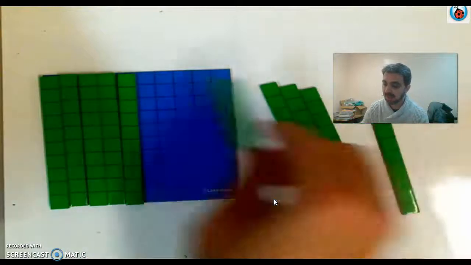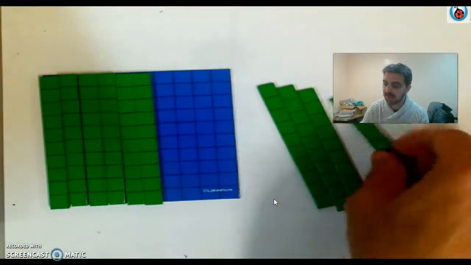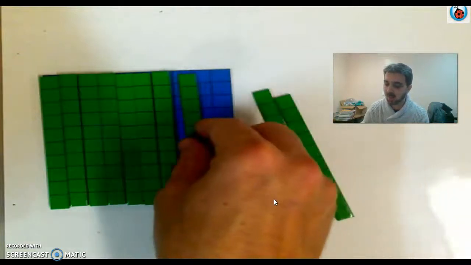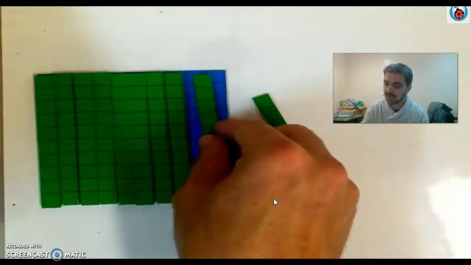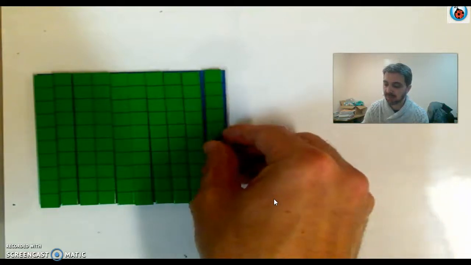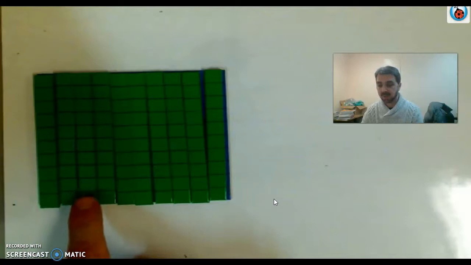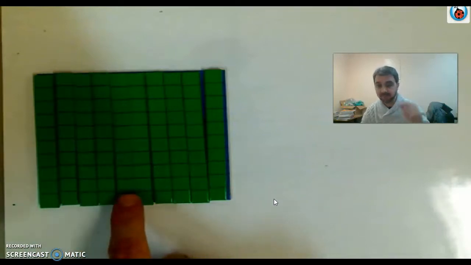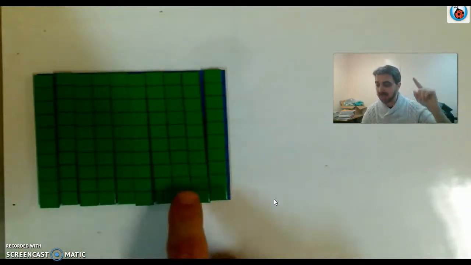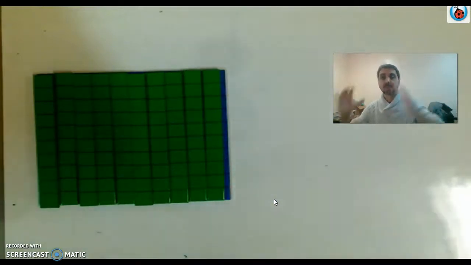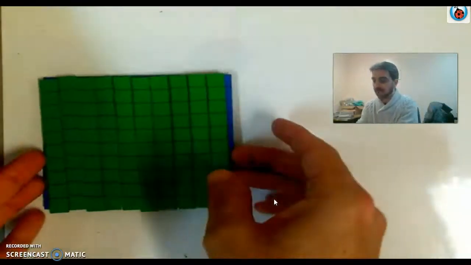And there's 10 pieces of candy in each bag. There's 10 bags, and that gives us 100 pieces of candy like that. Okay? Count with me. 10, 20, 30, 40, 50, 60, 70, 80, 90, 100. Okay, so let's get to our project.